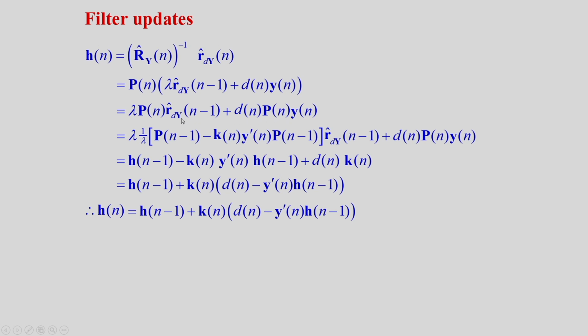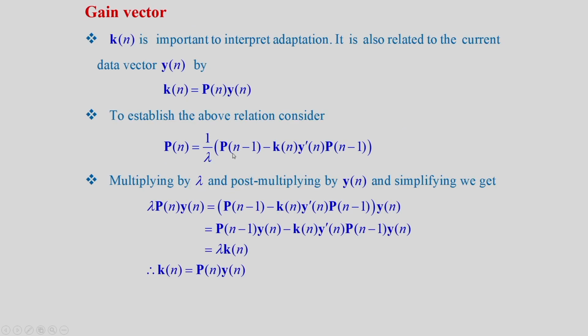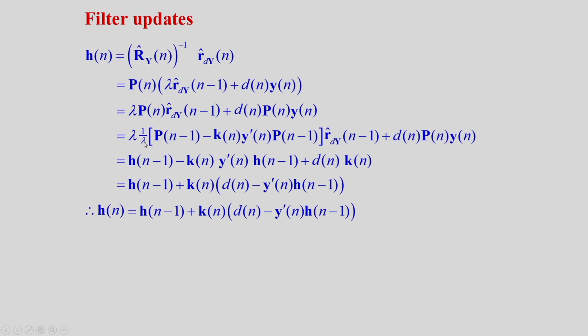Now, we know the expression for Pn, that expression we will use. So, lambda into 1 by lambda times Pn minus 1 minus Kn into yn transpose into Pn minus 1 into this r hat dy n minus 1 plus again dn yn into Pn. So, that we can write as dn into Pn into yn.